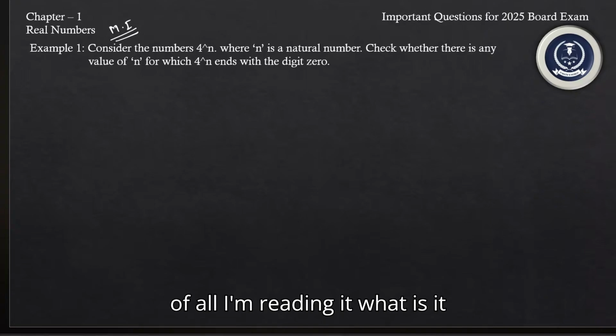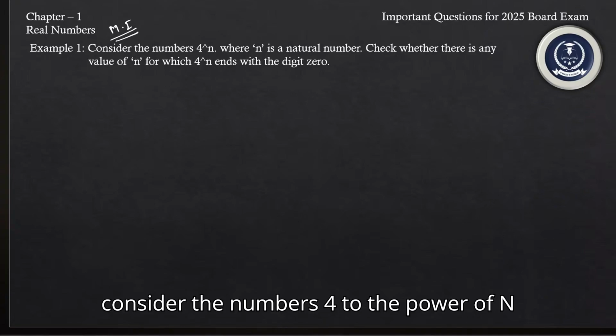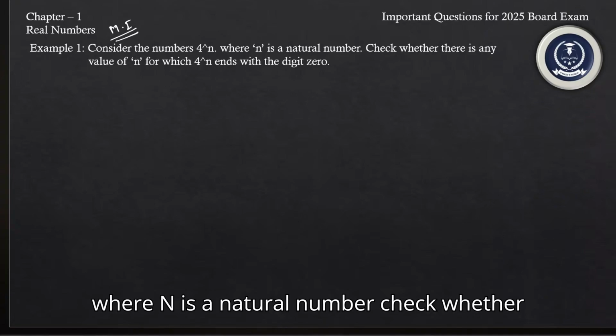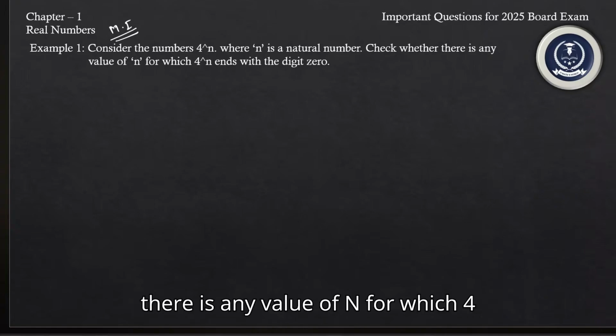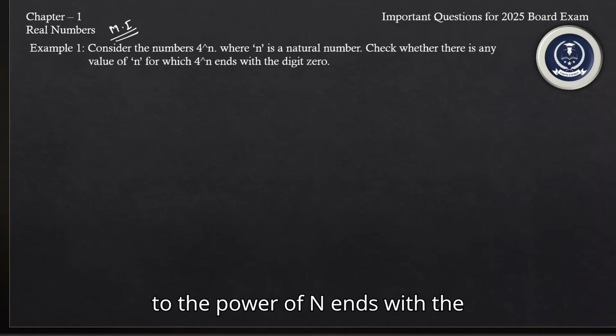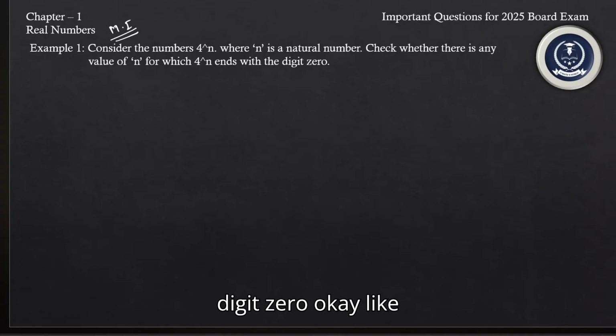First of all, I'm reading it. Consider the numbers 4 to the power of n, where n is a natural number. Check whether there is any value of n for which 4 to the power of n ends with the digit 0.